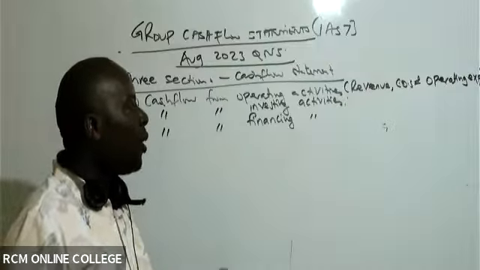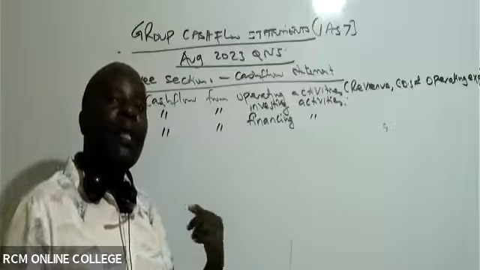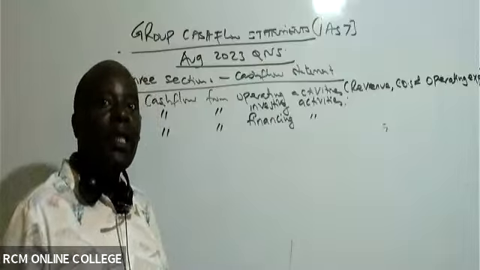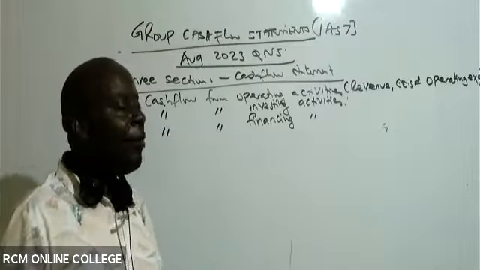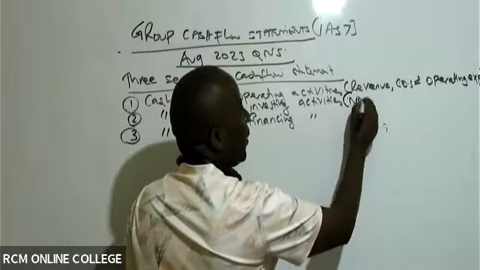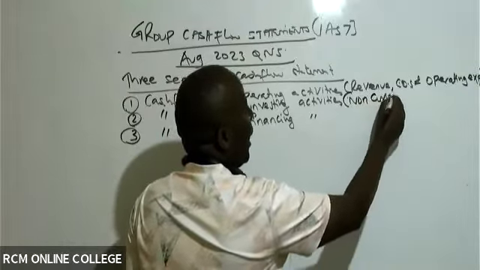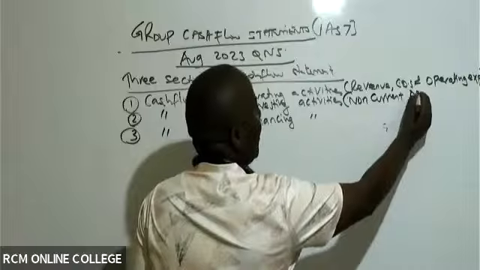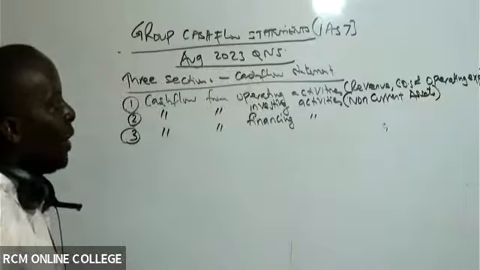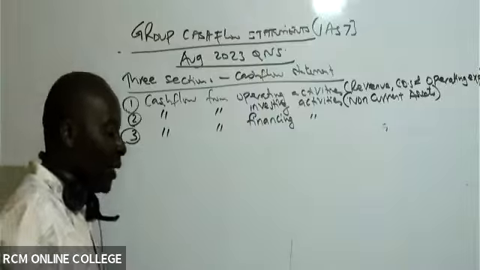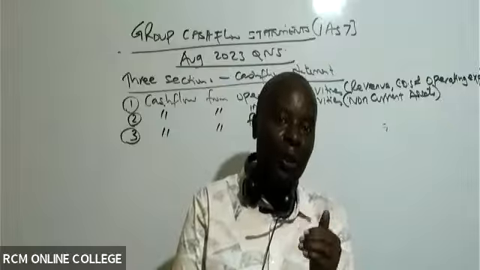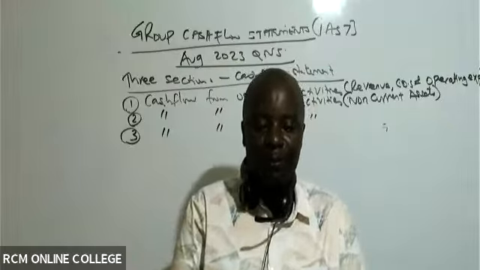When we talk about investing, we must be thinking about long term. And long term, of course, we are investing in PPE. So here we are looking at the non-current assets. We invest in our non-current assets. For example, buying property, plant, and equipment items.